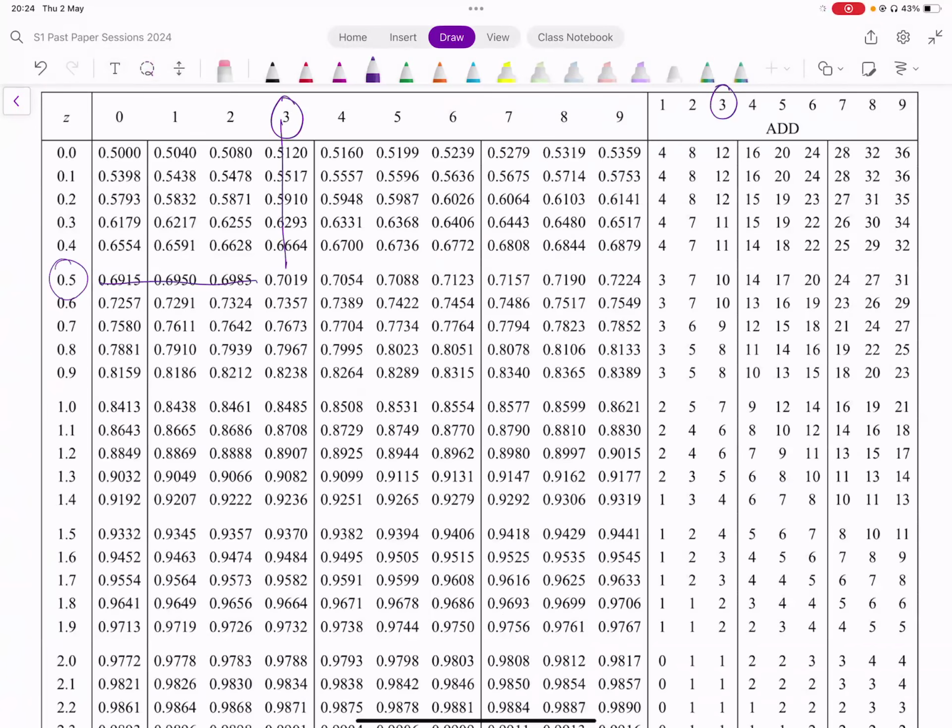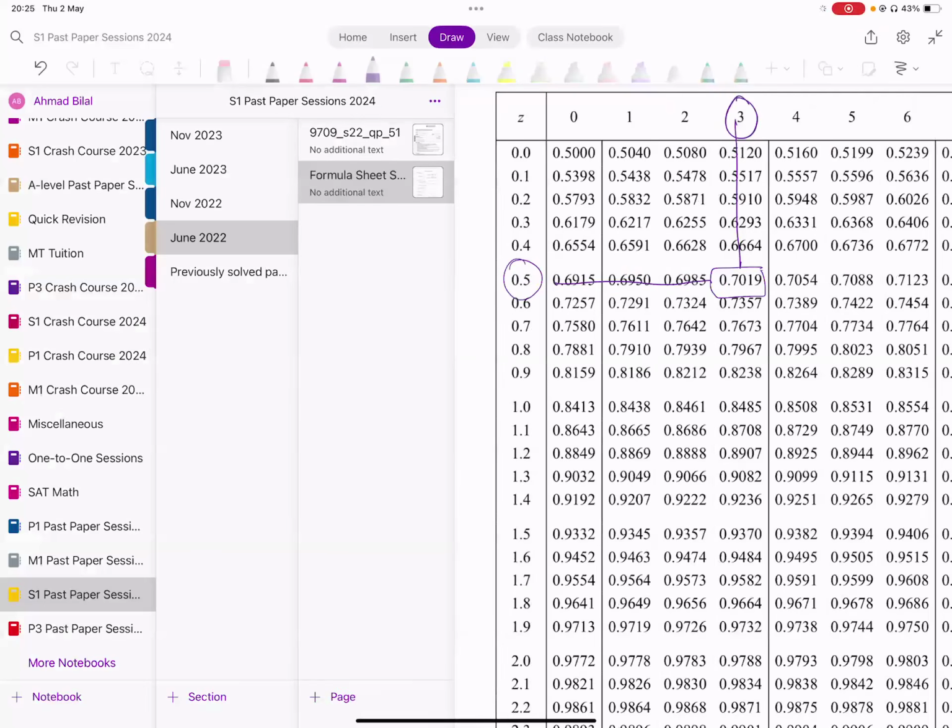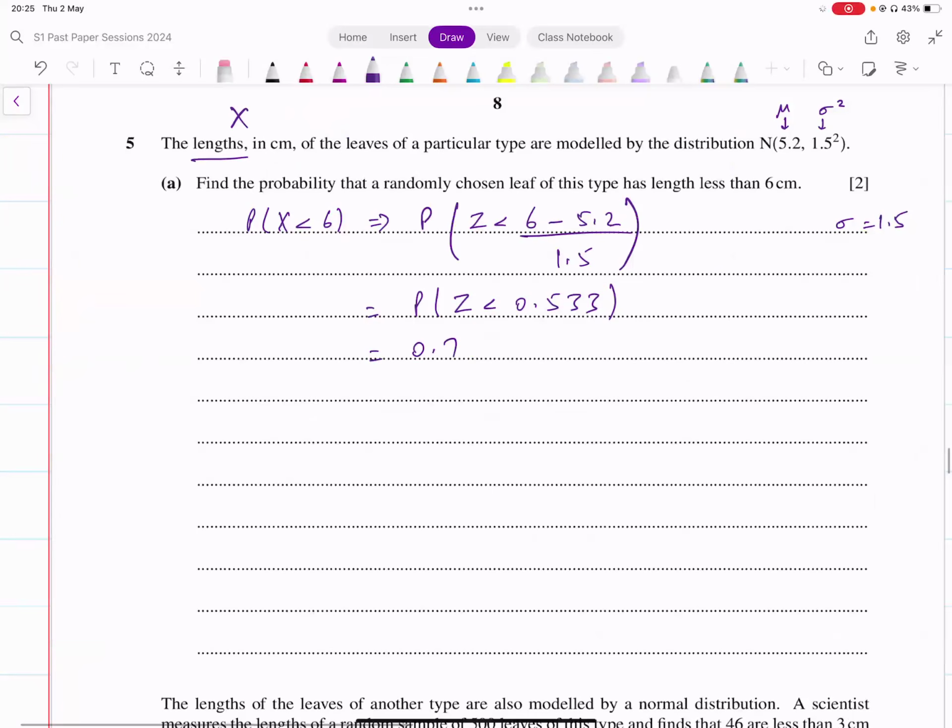What do we get for this? 0.7019. Then we have to add 10 at the end. That becomes 0.7029. Okay, let's write that here. 0.7029. That's the probability that we were looking for in the first part here. You can just leave it like this. That's your final answer.